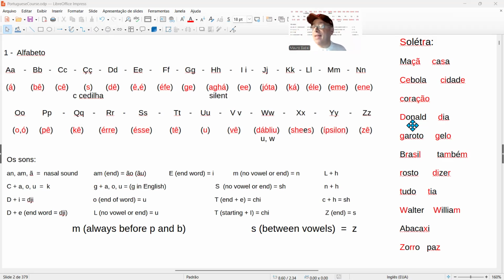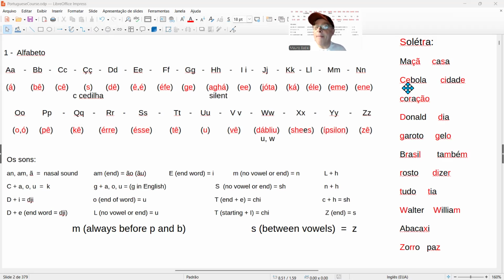This one, we already know. Casa means house. Go. Repete. Casa. De novo. Perfect. Casa. House.